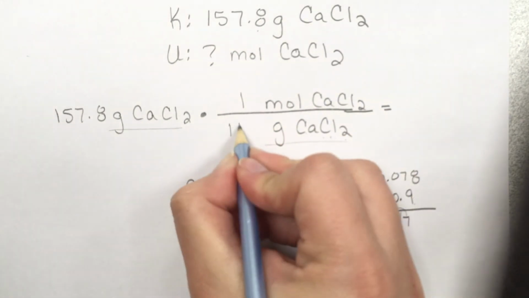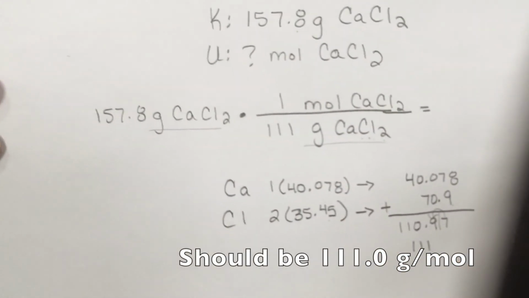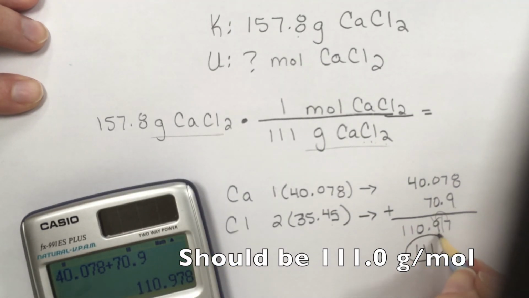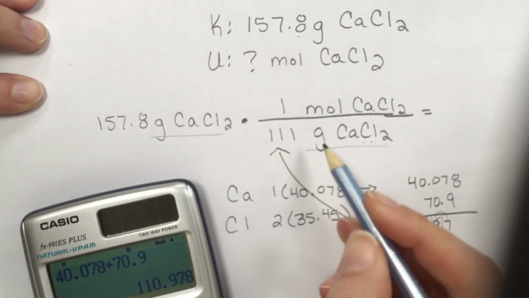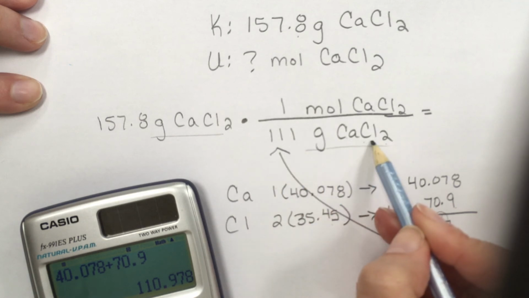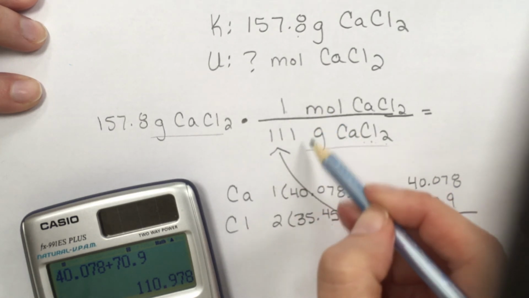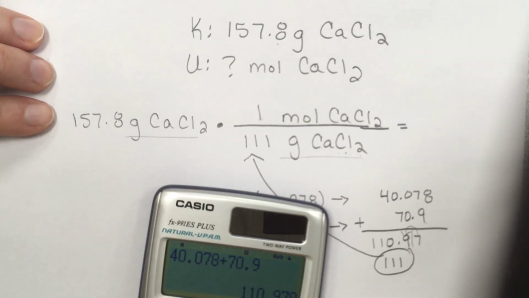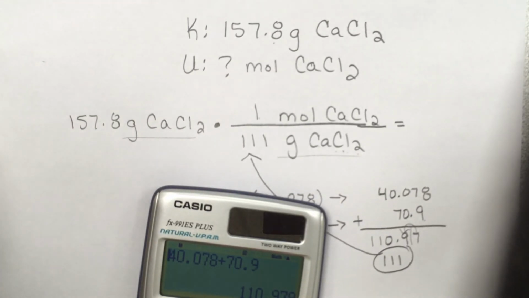Okay, so here 111. Now to calculate it, so this number went here. That's how many grams calcium chloride weighs for every mole. This is just a conversion factor, just like at the beginning of class, or at the beginning of the school year.